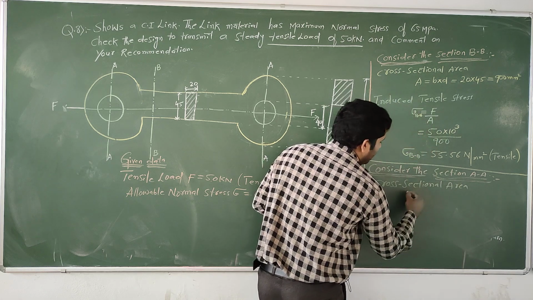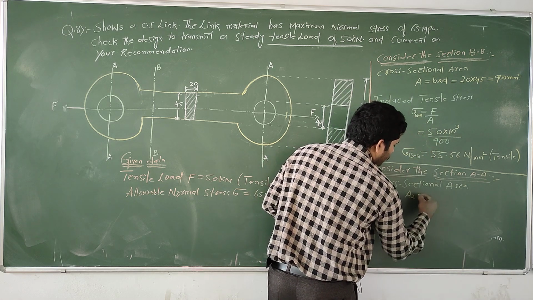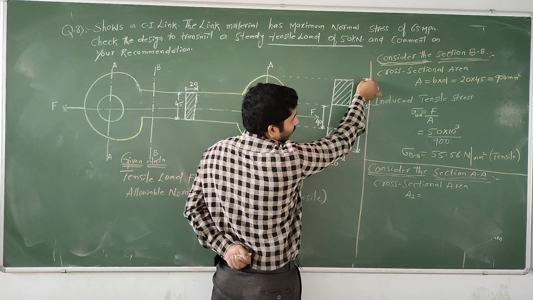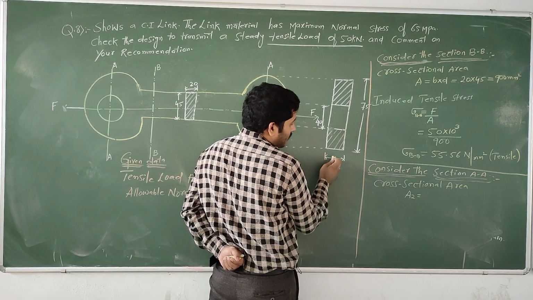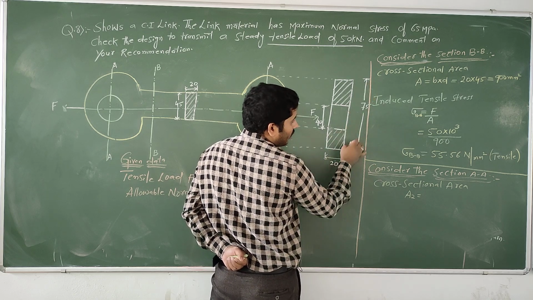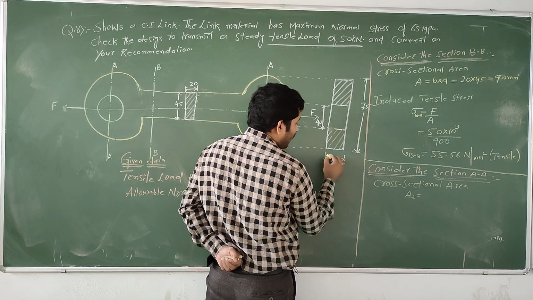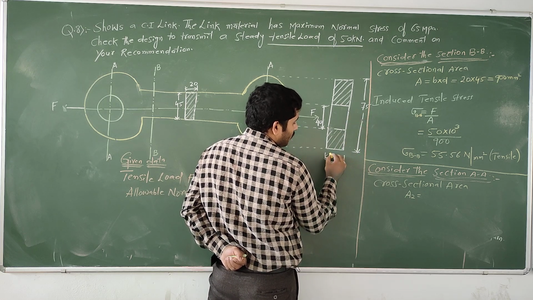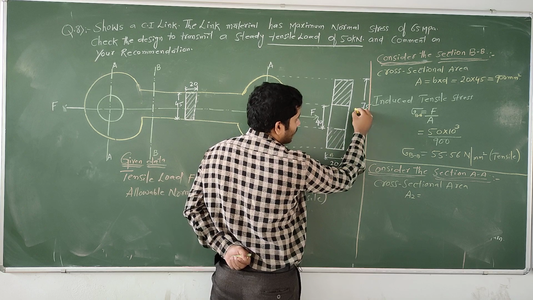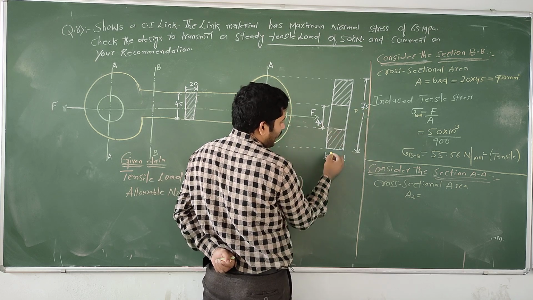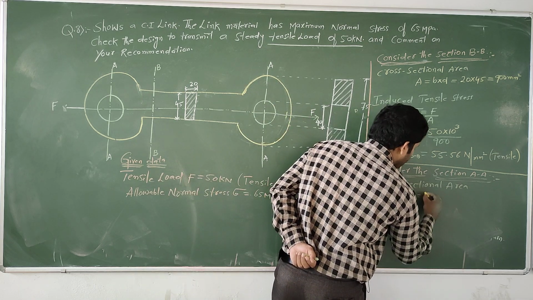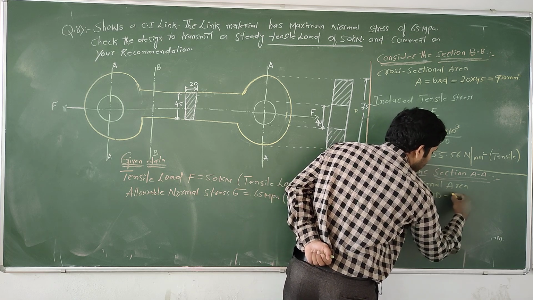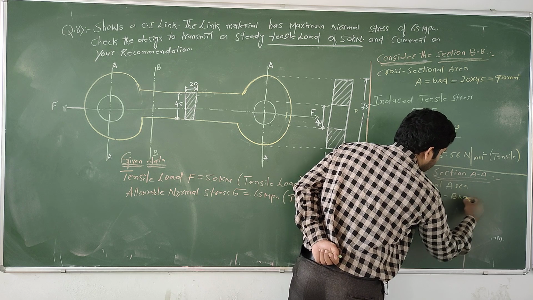Then area A2. Capital B into D, or you can represent it as B into capital D minus B into small d.